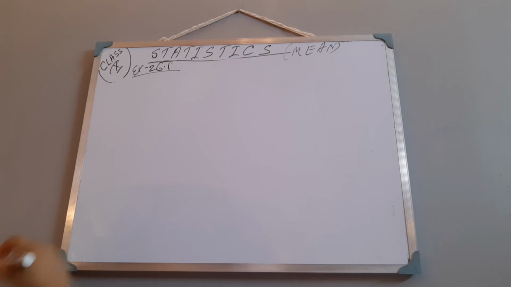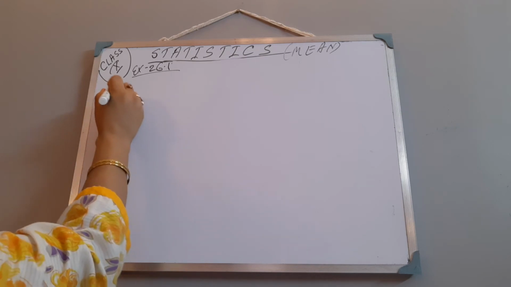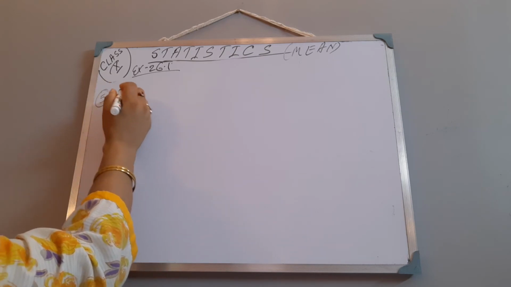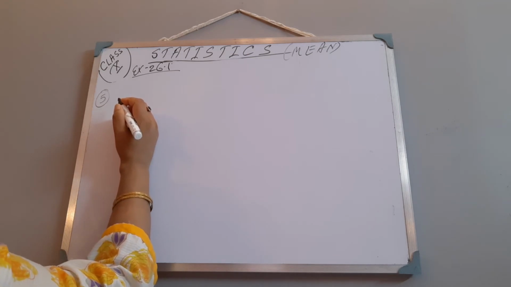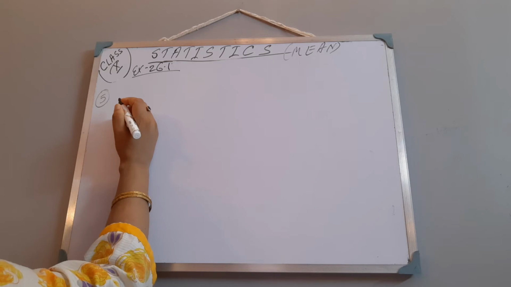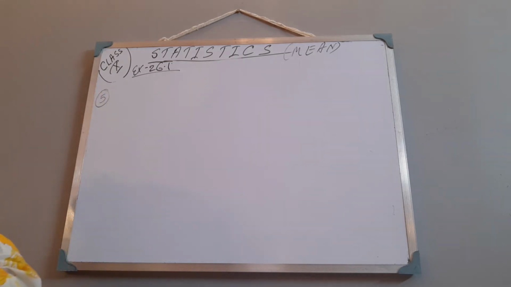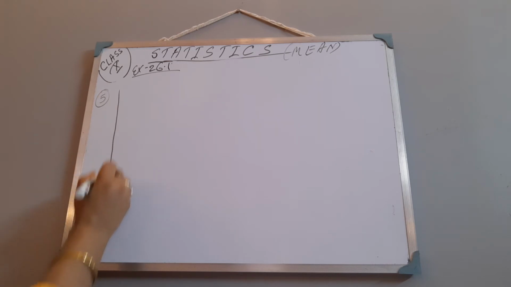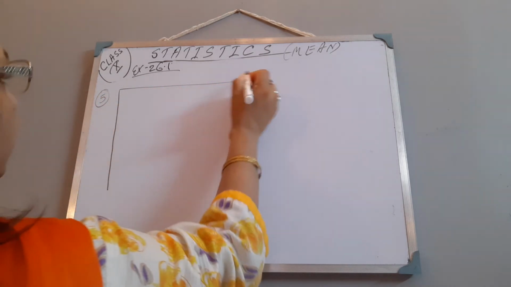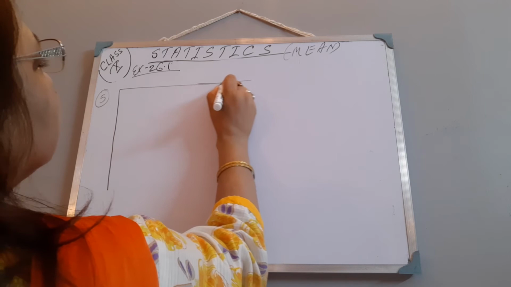Okay, and in sum number 5, we have to find the number of mangoes given, 50 to 52, and number of boxes also given. Let me write all this in tabular form. Then it will be easier for us to understand.